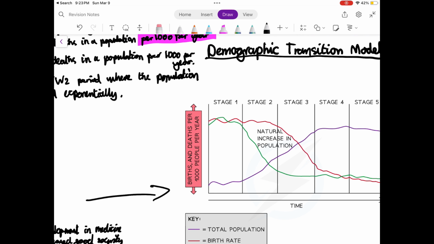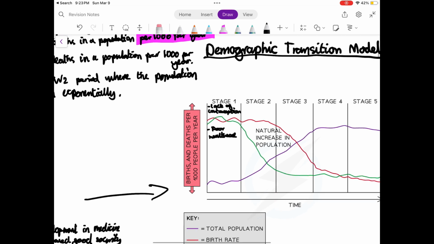The reasons for this are a lack of contraception and family planning, which allowed more children to be born, as well as poor healthcare, so people were more likely to contract diseases.